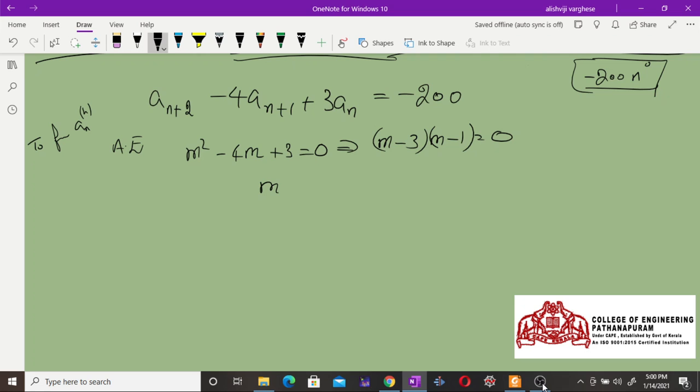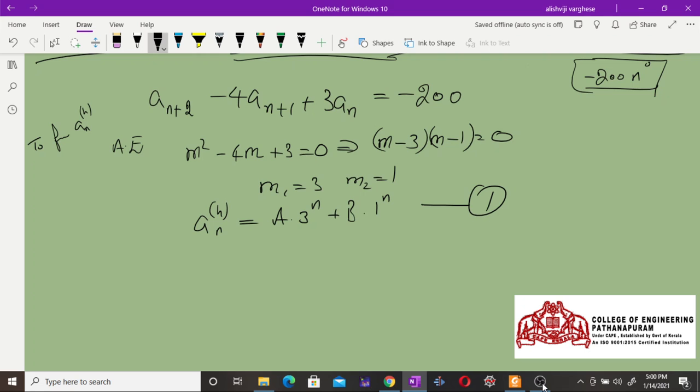So the roots are m1 is equal to 3 and m2 is equal to 1. So the homogeneous part of the solution is some constant a into m1 raised to n plus b into m2 raised to n.